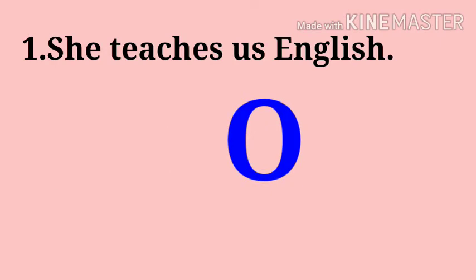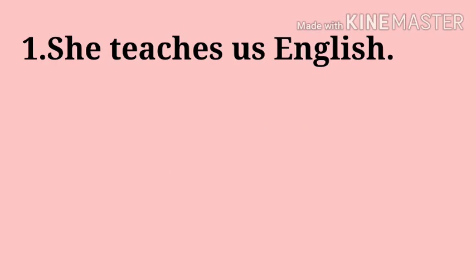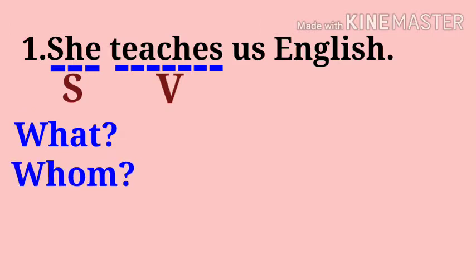See, she teaches us English. In this sentence, she is the subject and teaches is the verb. And to find the object from the sentence, we have to ask a question to our subject and verb, a question with what or whom.